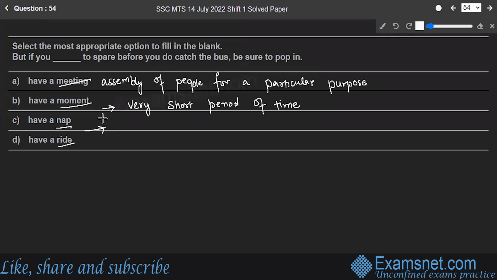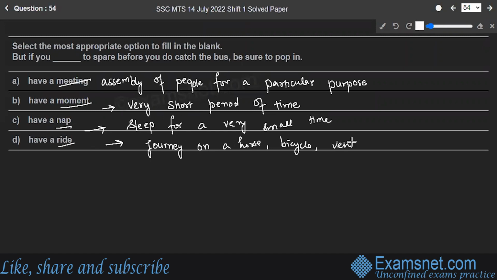Then is nap, sleeping for a very small time. Then is ride, it means a journey on a horse or bicycle or any vehicle.